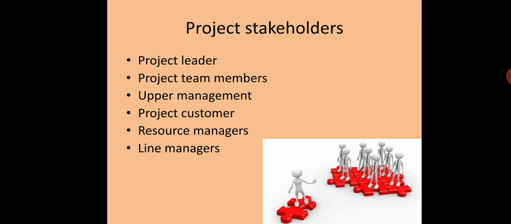Also there could be line managers. Now line managers, basically they run departments. There are also other types of managers who are called project managers. They run projects. They focus more on individual projects, and line managers focus more on the entire department. So there is a hierarchy of managers in a given organization, and that varies from organization to organization or company to company.